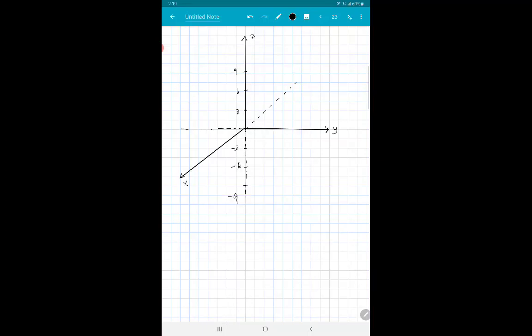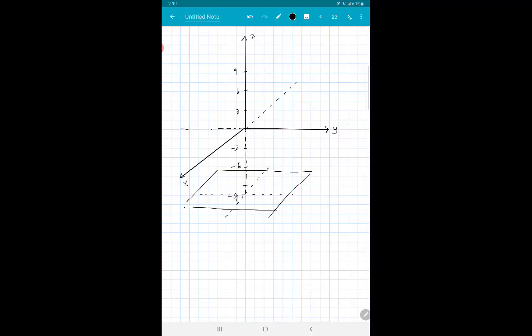So we have different level curves. One is for z equals negative 9. So z equals negative 9 is a horizontal plane. I'm not going to draw the plane. And we have z equals 0. So that would be z equals negative 9, a plane.